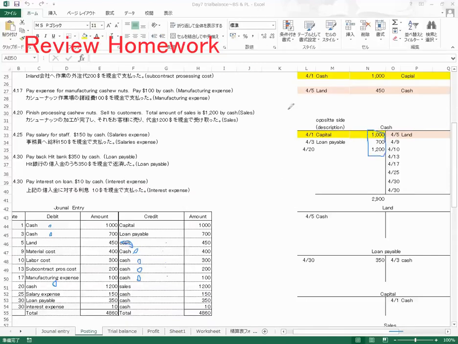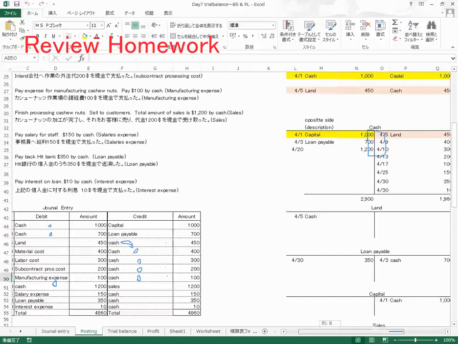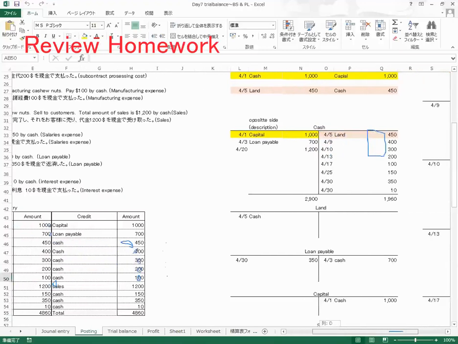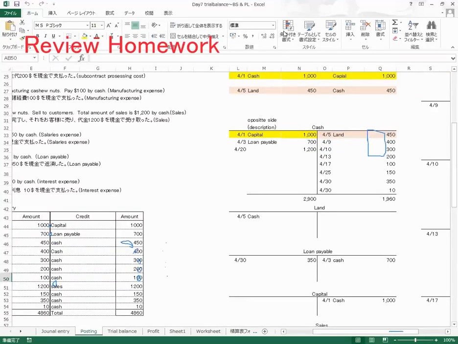Sometimes they will write down the cash as you see in the debit side, all together, the first, third, and twentieth, and write them one by one.